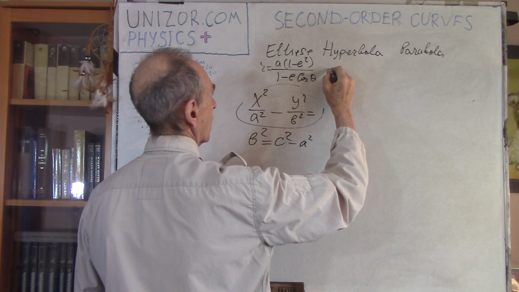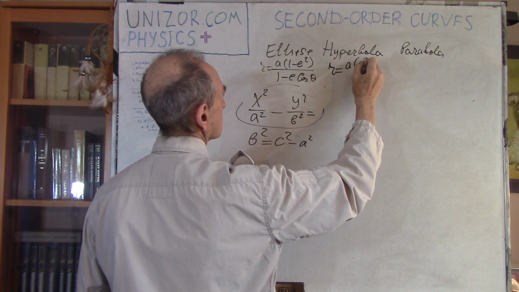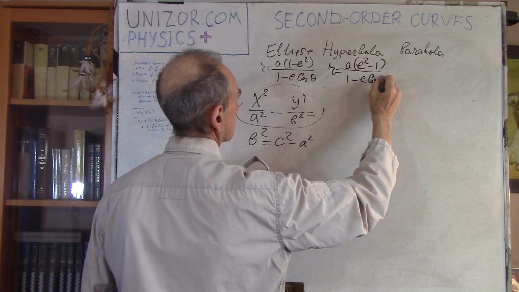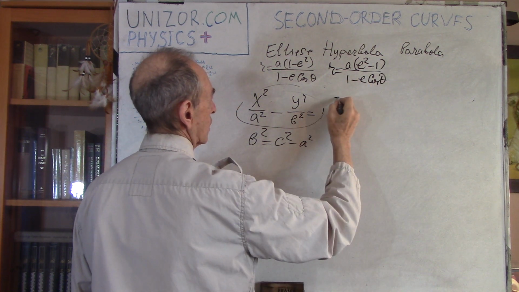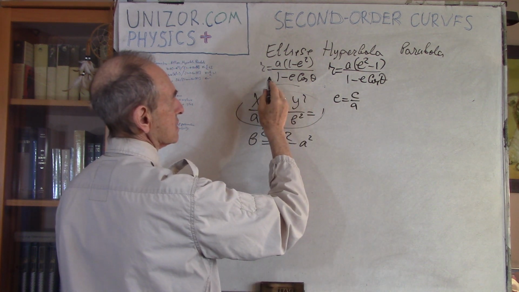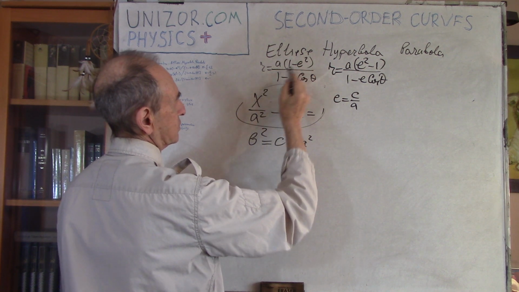It would be r is equal to a times (e square minus 1) divided by (1 minus e cosine theta), where e is the same, c over a. In the case of the ellipse, c over a is less than 1, and that's why this is positive.